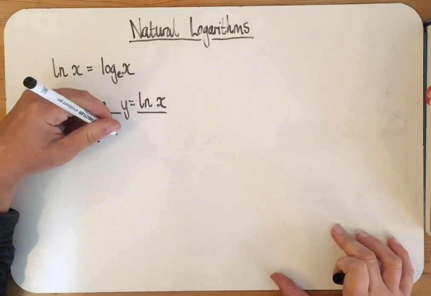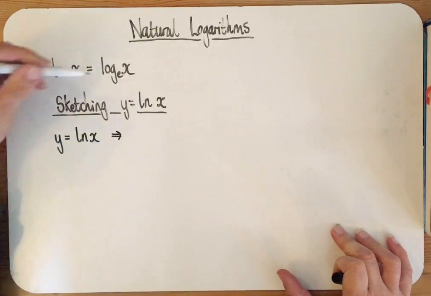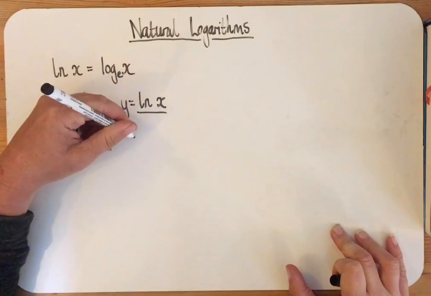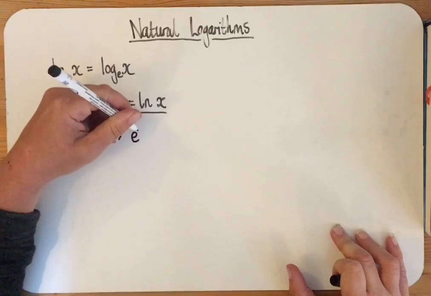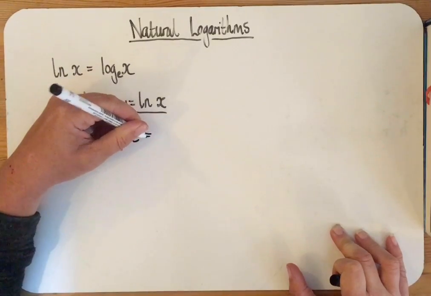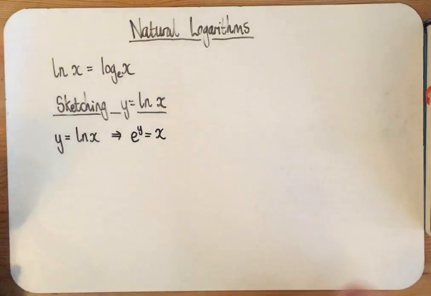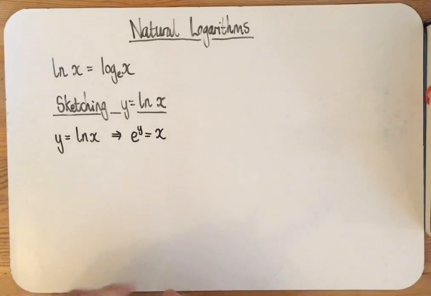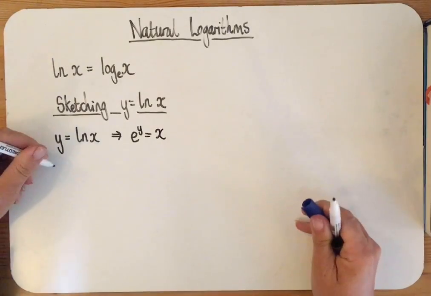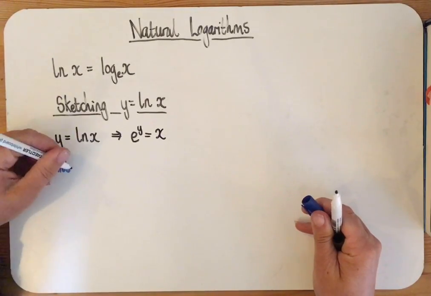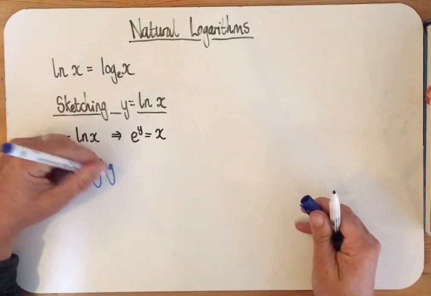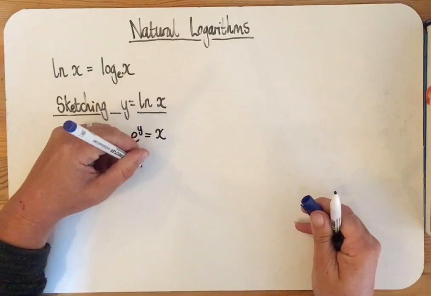And the base is e, and the power is y. So e to the y is equal to x. If I interchange x and y, that will give me my inverse function.